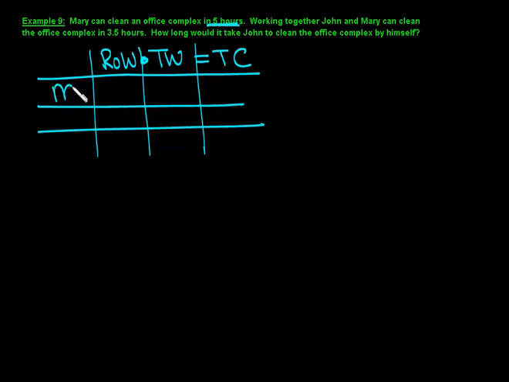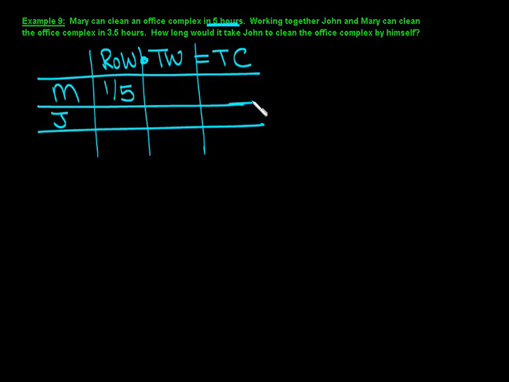So we have Mary. So what is the rate of work if it takes her 5 hours to clean the office? It's 1/5. Okay. Working together with John, Mary and John can clean the office complex in 3.5 hours. If they work together, it would be done in 3.5 hours. How long would it take John to clean the office complex by himself?